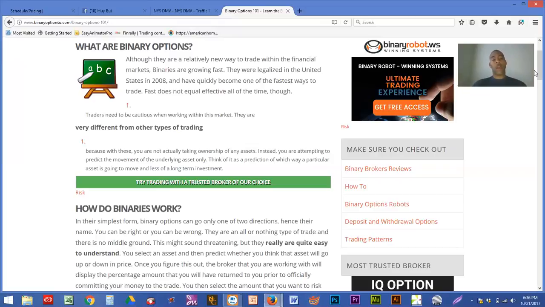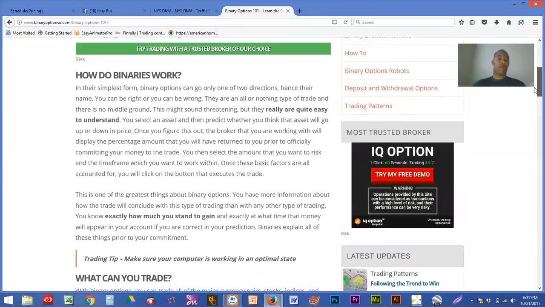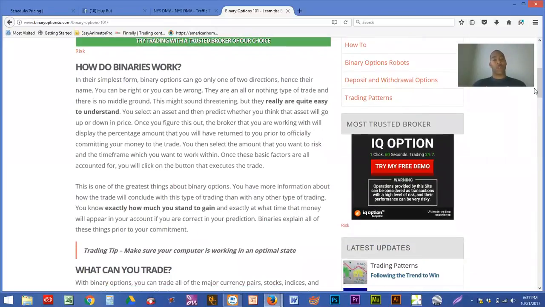So let's discuss, how do binary options work? In its simplest form, as you can read along, you can only go in one of 2 directions, hence the name. You can be right or you can be wrong. They're all or nothing type of trades, and there's no middle ground. This might sound threatening, but it's really quite easy to understand.